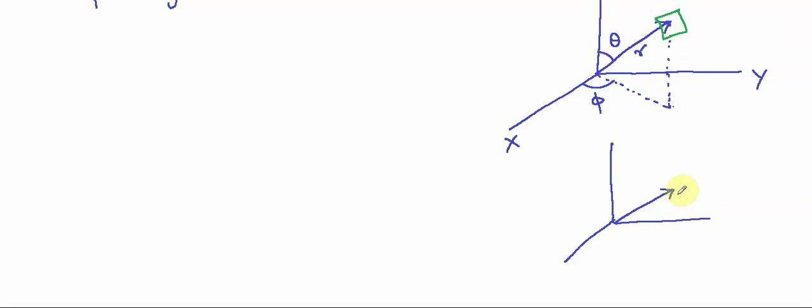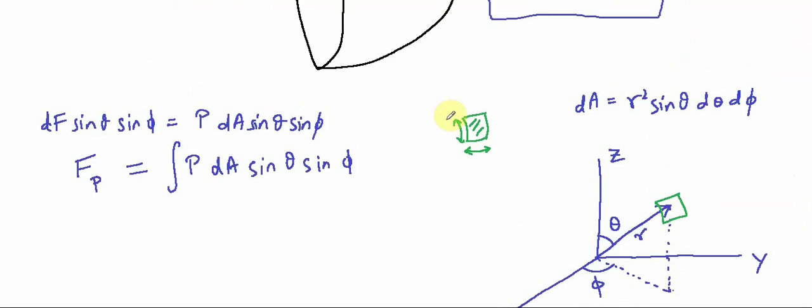Now I slightly increase this angle theta downward, so you see the arrow becomes this, and this length is the first length.